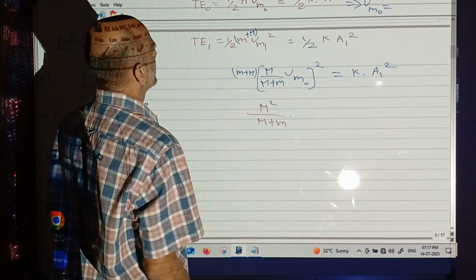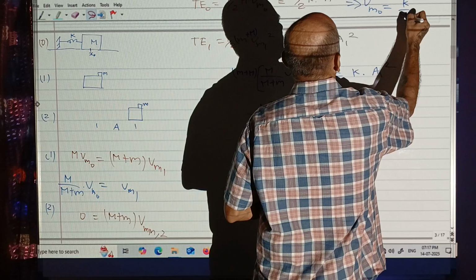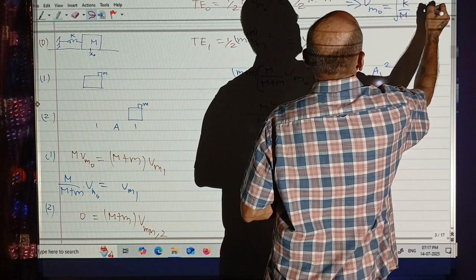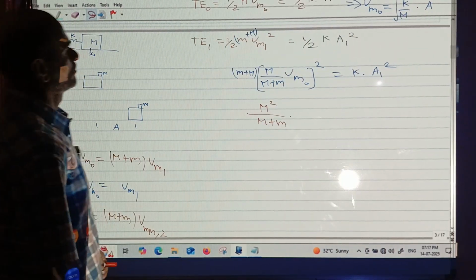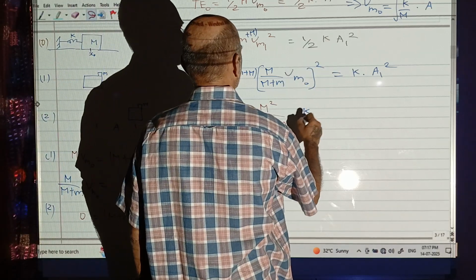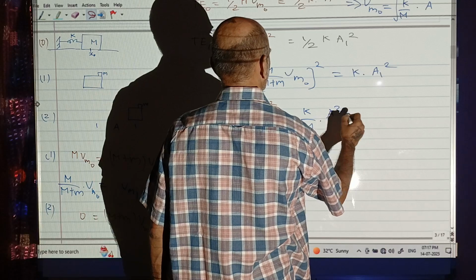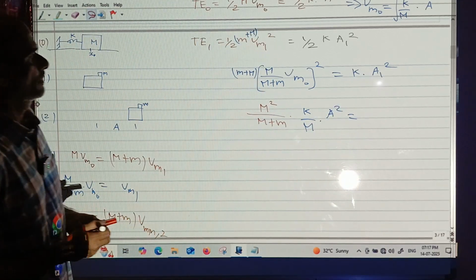So this will give me Vm naught as square root of k by M into A. If we use it here, Vm naught square will be k by M A square equal to k into A1 square.